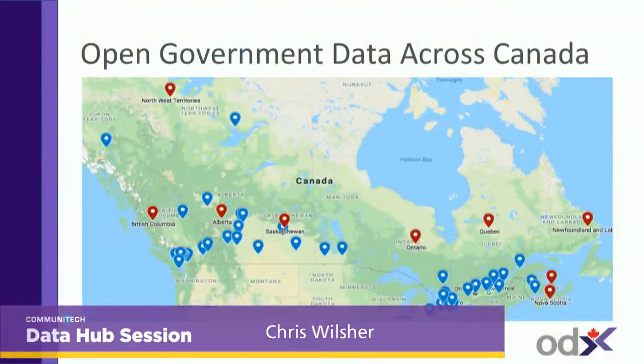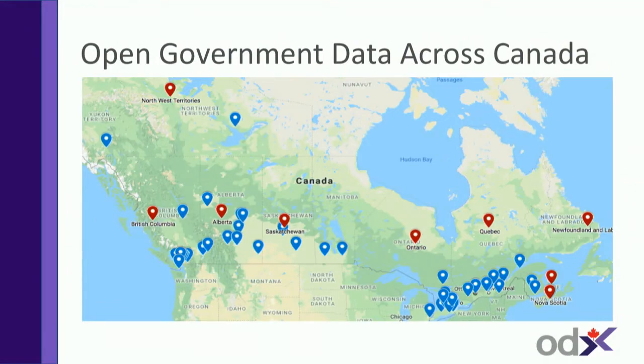Just to give you a bit of a sense in terms of volumes, the federal government has about 80,000 data sets within their open data portal. When you get down to the provincial level, depending on the size of the province or territory, you're looking at probably in the neighborhood of a few hundred up to maybe a couple thousand on the high end.